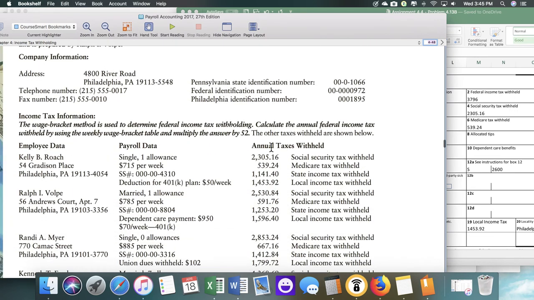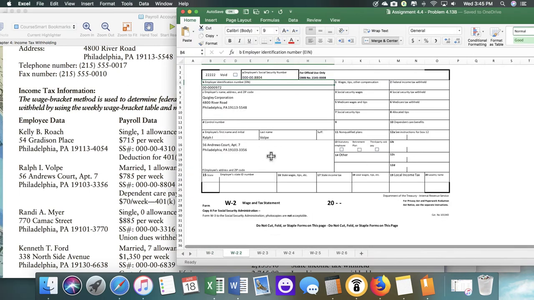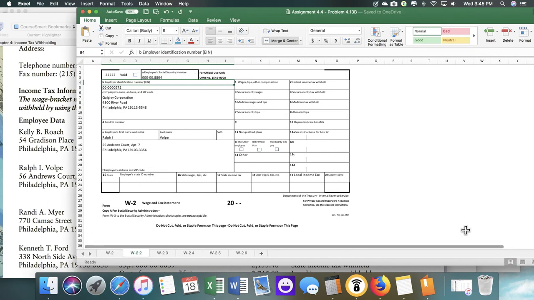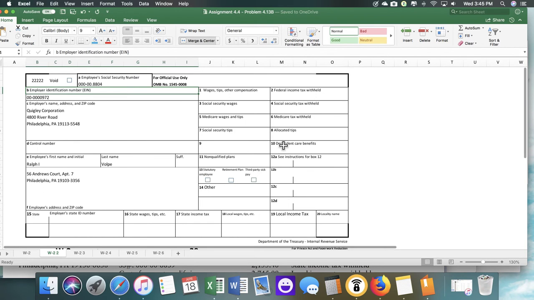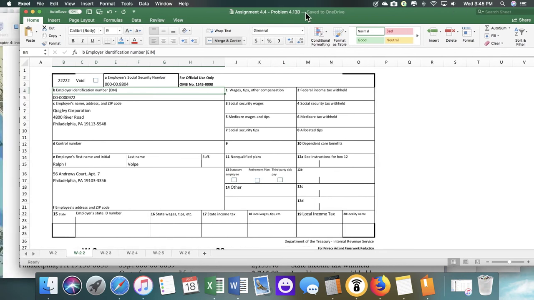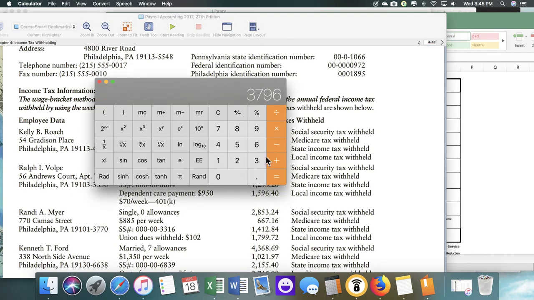Now on Ralph Volpe, he has the dependent care payment of $950. So on his, there is a specific place for dependent care benefits. And so he pays $950. So that's how much he paid for the year.